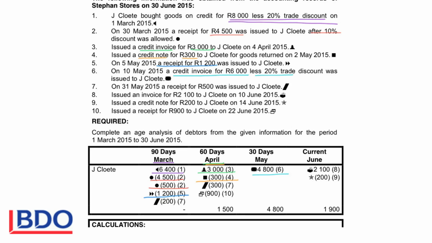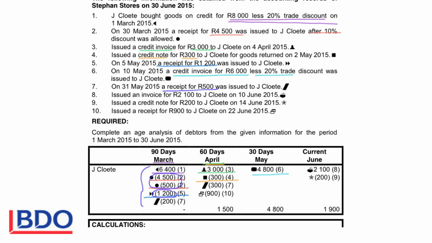If we look at the next entry, on 31st of May, a receipt for 500 Rand was issued to Kluter. So the payment will be from your oldest debt. If we look at March, there was sold 6,400 minus the 5,000 for the payment and the discount. So that left 1,400 minus the 1,200 that was paid.